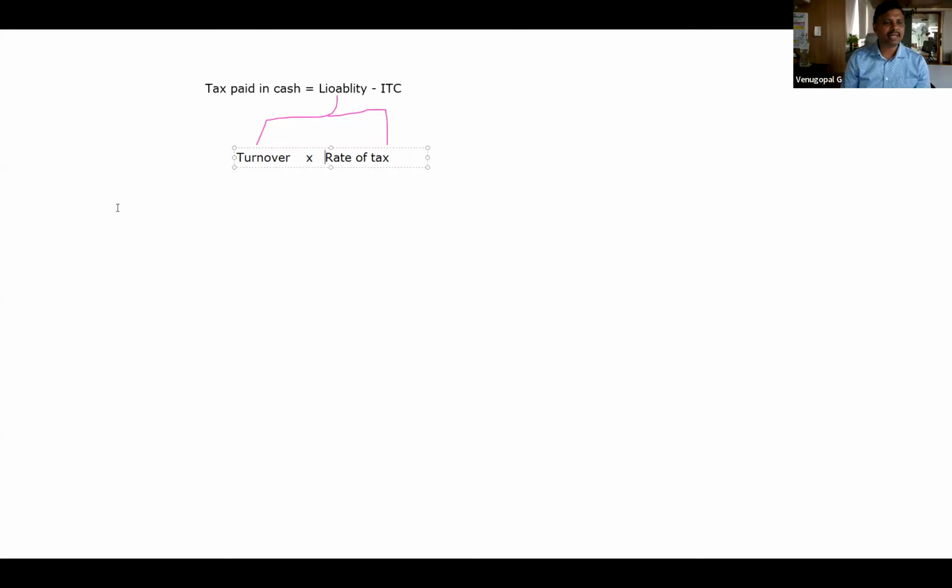We said that whatever we are calling turnover, it means taxable turnover. The taxable turnover means your total turnover minus exemptions, right? This is what we have said.